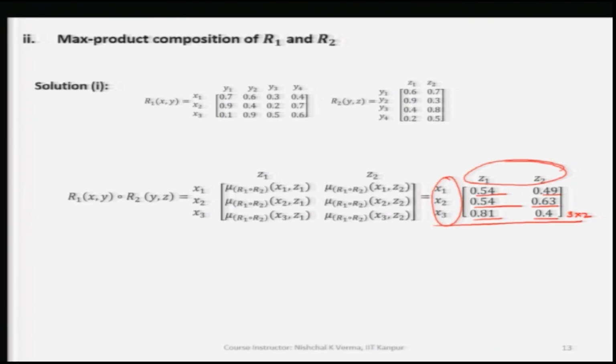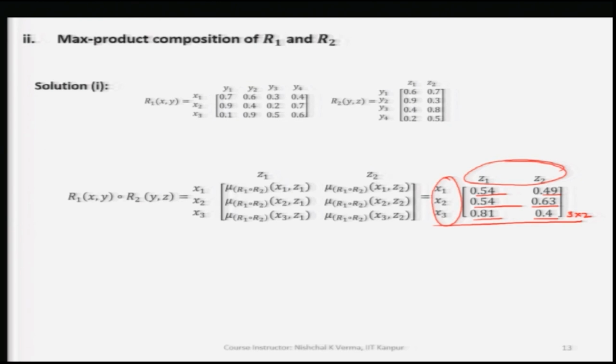So, this means that the max product composition of R1 and R2 is giving us a new fuzzy relation set, and this new fuzzy relation set is defined in terms of x and z. That means the new fuzzy relation set is defined in the universe of discourse capital X cross capital Z.